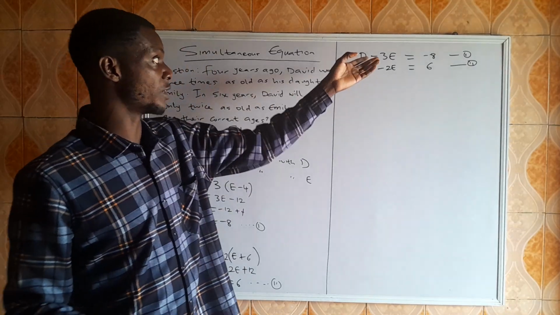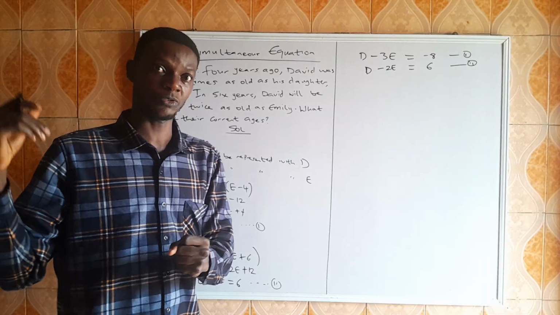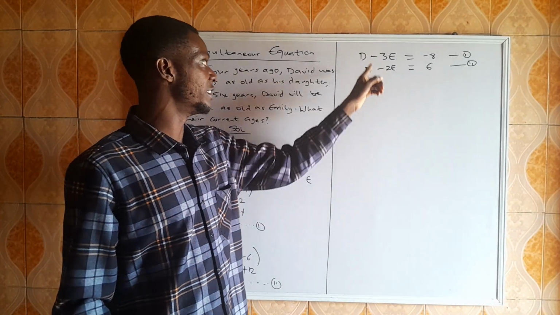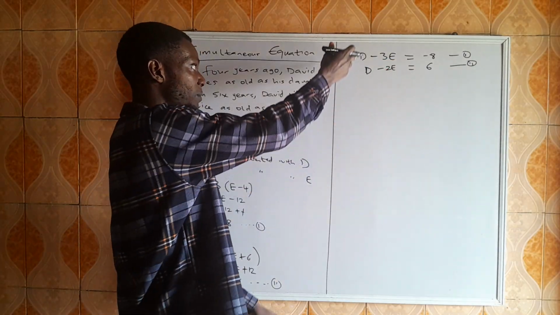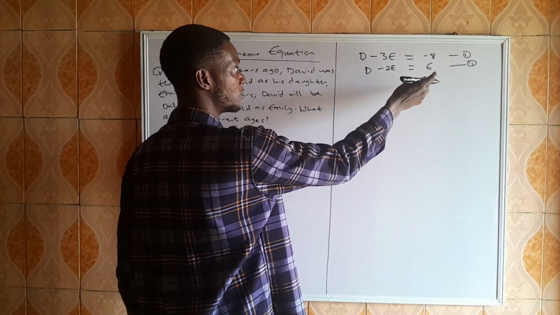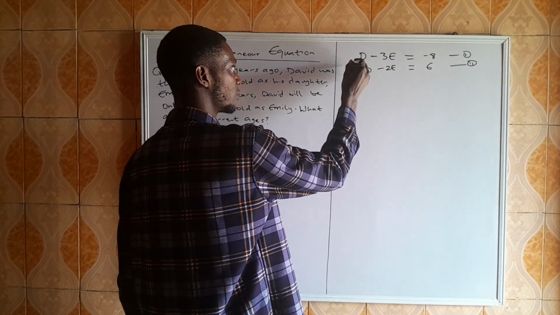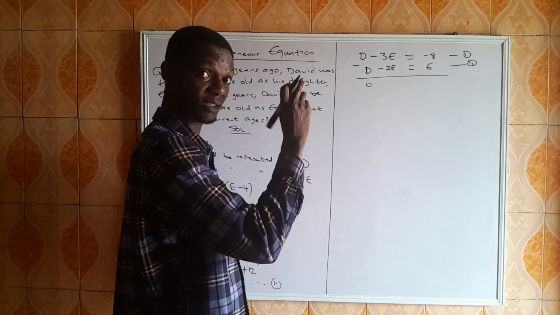From here, we want to find the value of D and the value of E. For the elimination method, from our previous video, we eliminate D from the 2 equations, or we eliminate E. Let's eliminate D. When we subtract equation 2 from equation 1, D minus D is 0. D is gone.